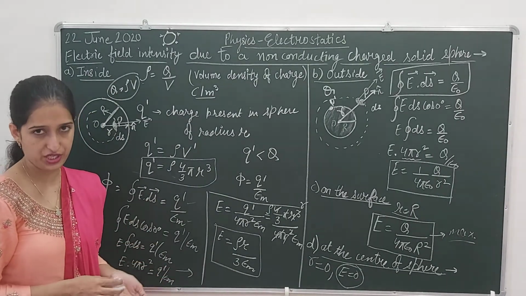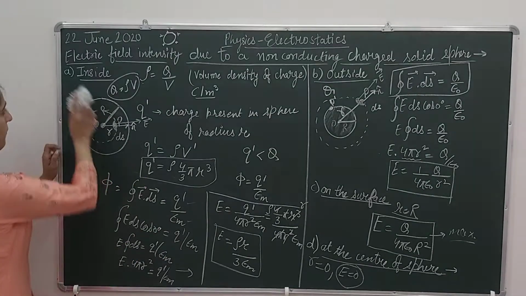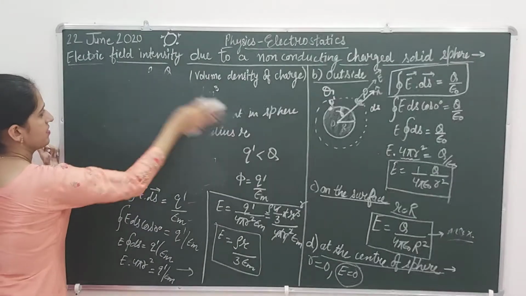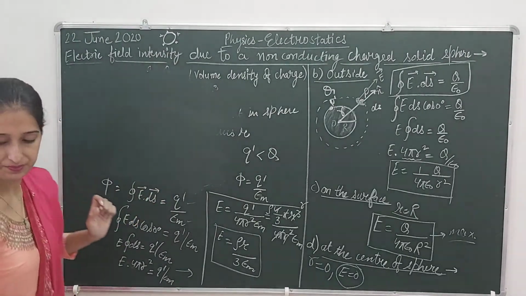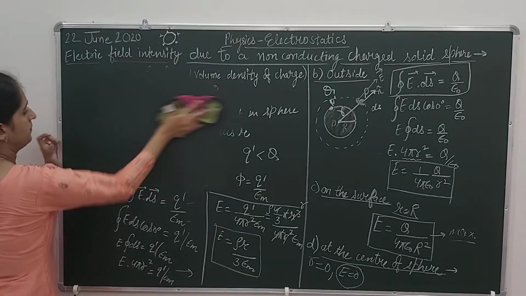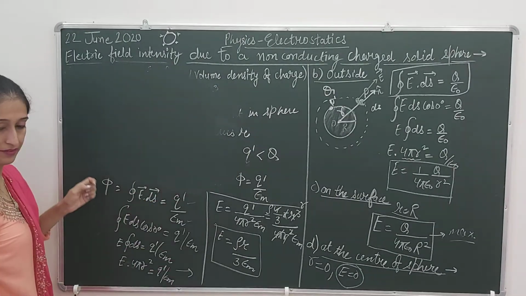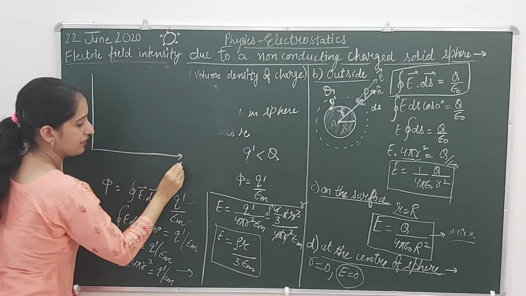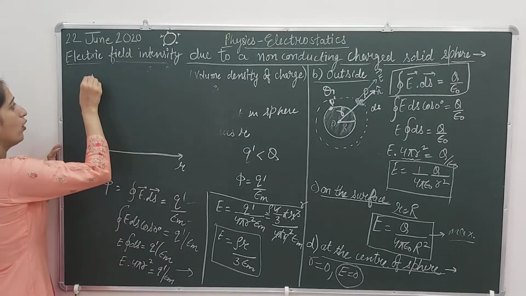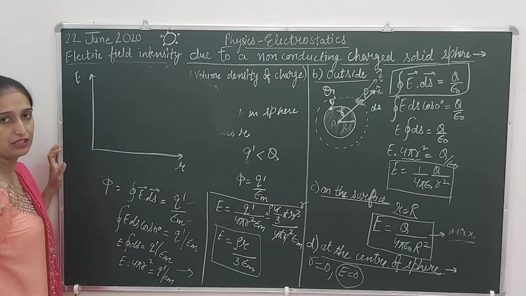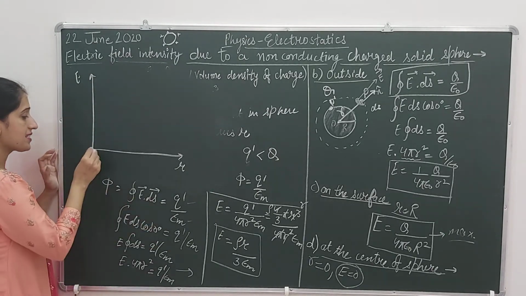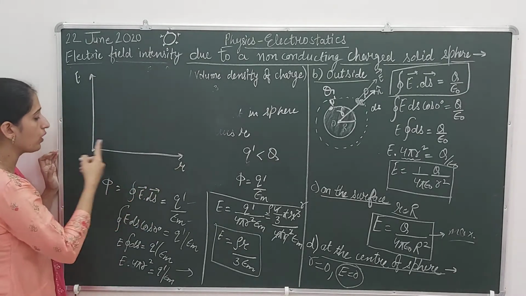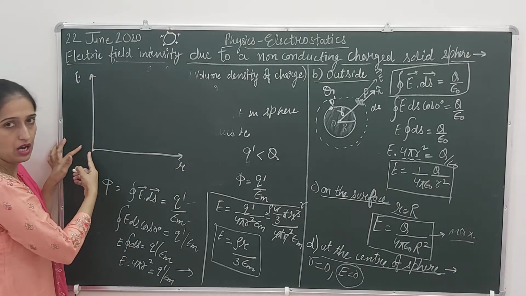Now suppose I want to draw the graph, as we have already drawn in the case of the spherical shell. Let's discuss the graph. On the x-axis we take the value of r, and on the y-axis the value of E. At the center, when r is 0, electric field intensity is also 0.